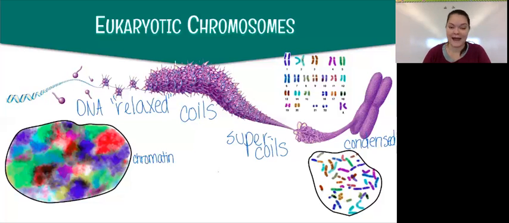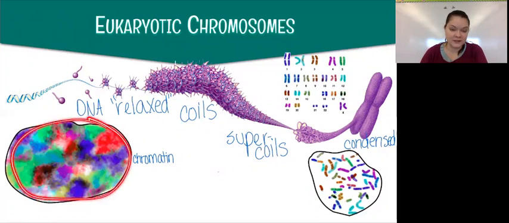When it is relaxed, when it is in this stage over here, is when DNA replication is going to happen. So we'll come back to this in a little bit, but I want you to make the connection in the visual piece going on, okay?